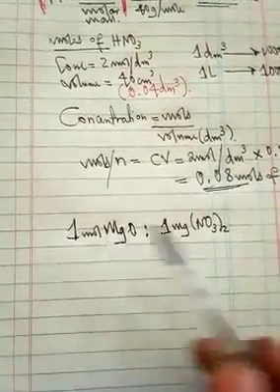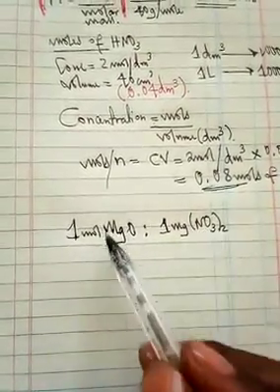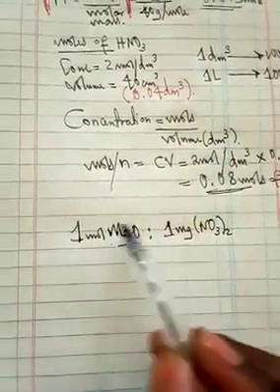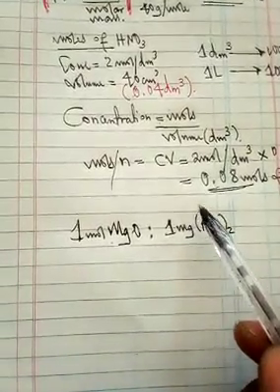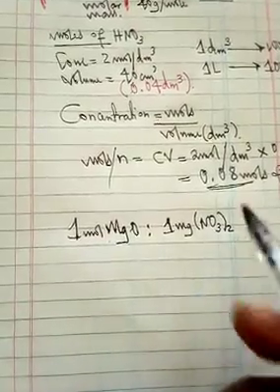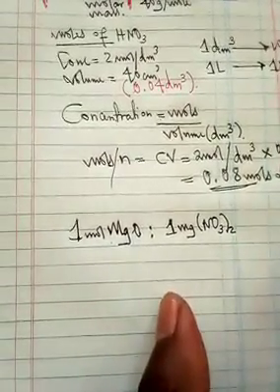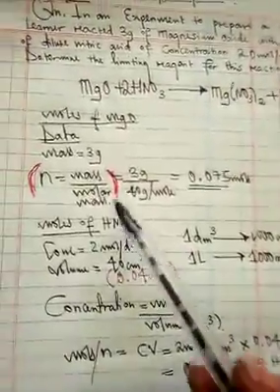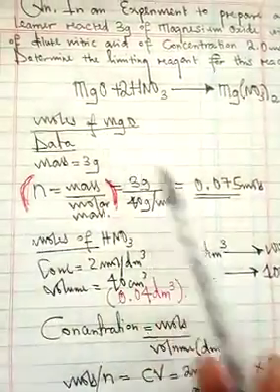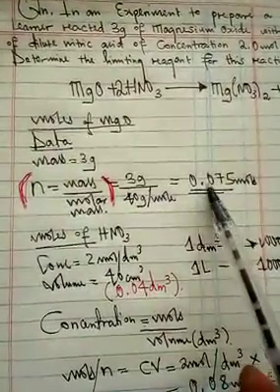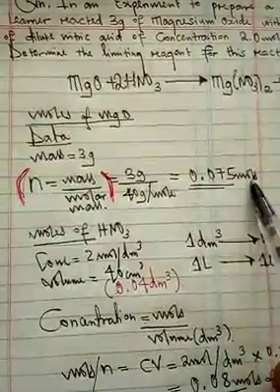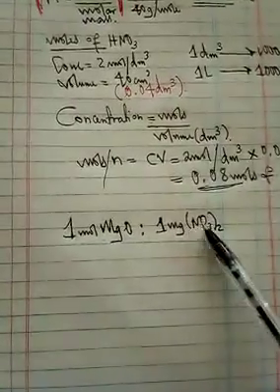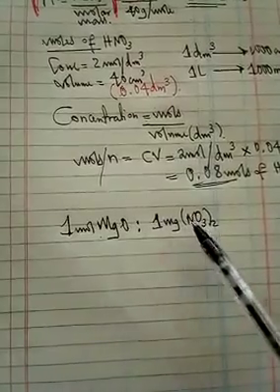Initially, we had established the number of moles of magnesium oxide to be 0.075, which means that magnesium nitrate is also going to have 0.075 moles.